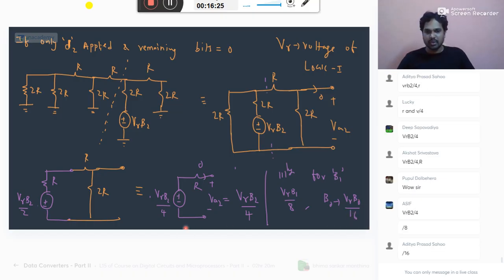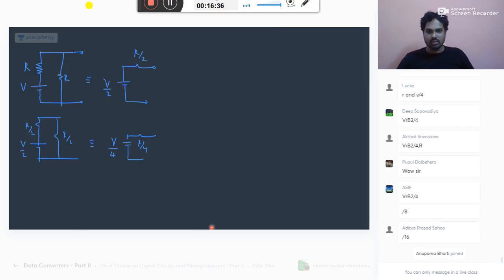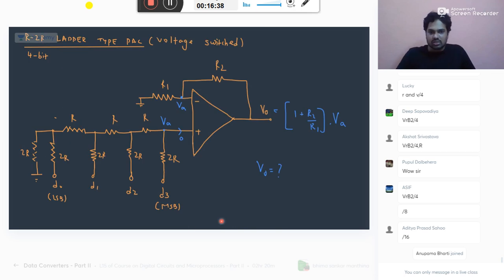First time it is by 2, second time you got by 4. Similarly, you can prove that third time it will be by 8, fourth time it will be by 16.